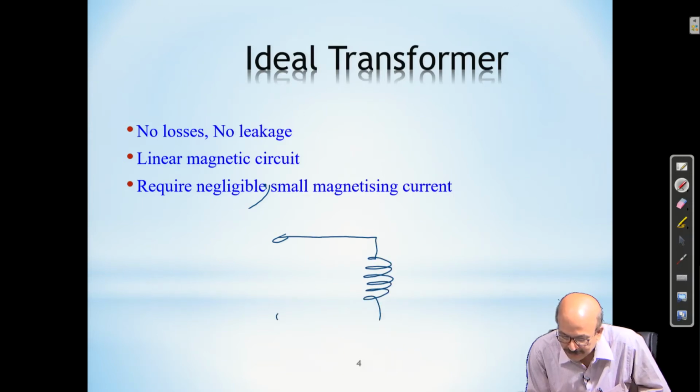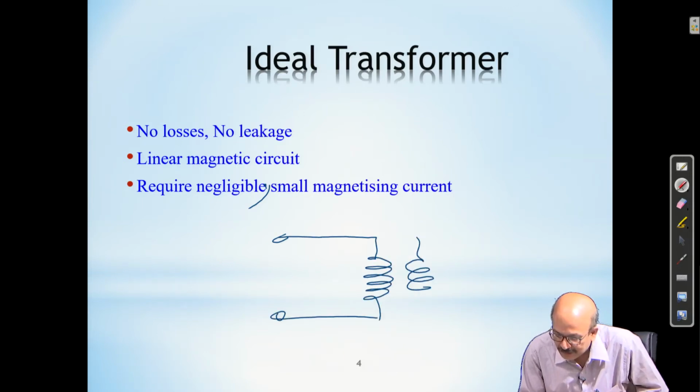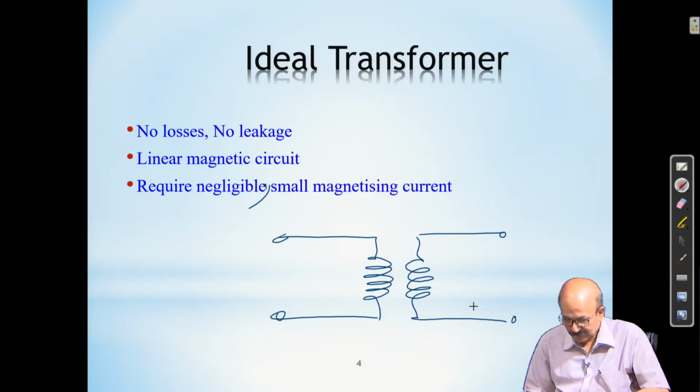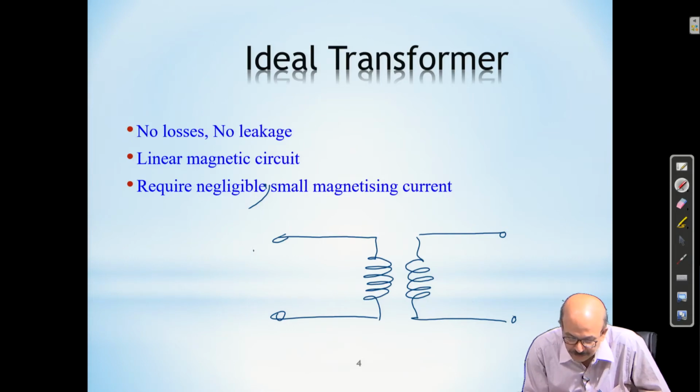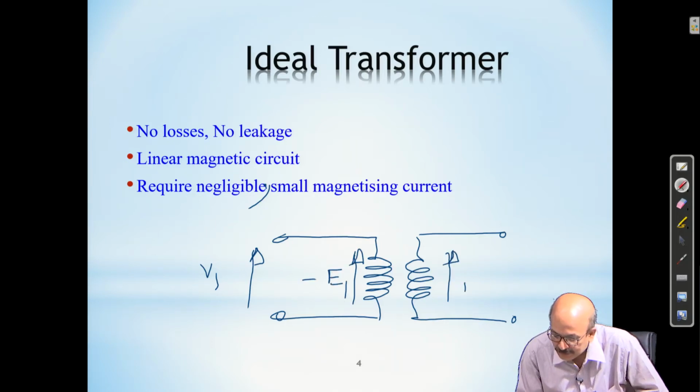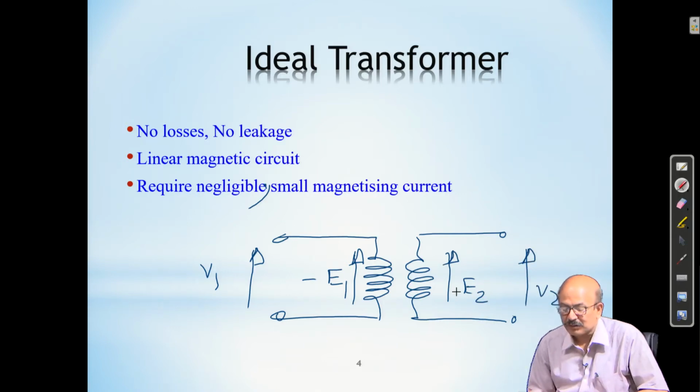This is an ideal transformer. You put your V1 here, and as per our convention, this is minus of V1, this side we put E2, and this side we put V2. E2 is equal to V2.